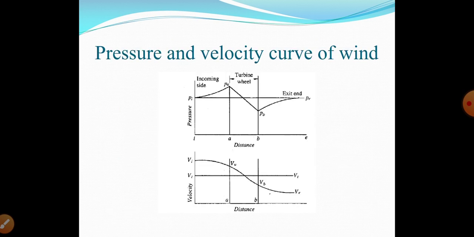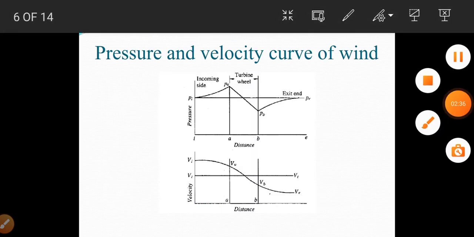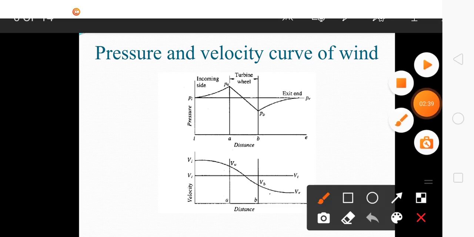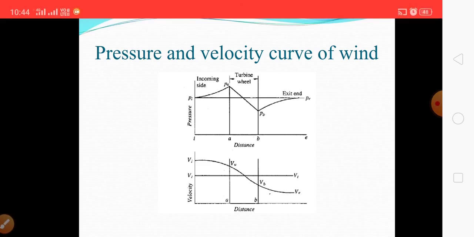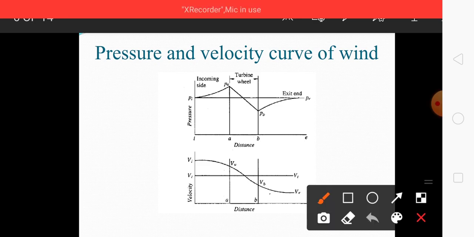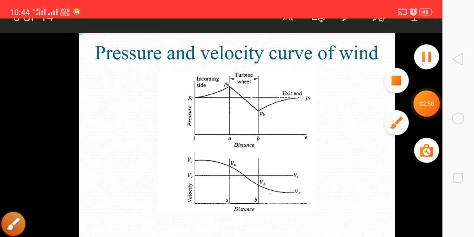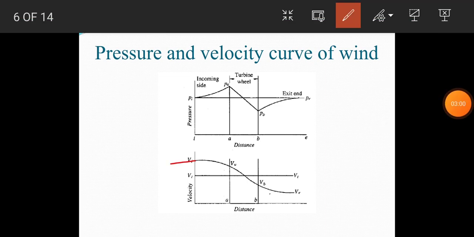As we can see in the graph, the velocity of the wind is greater before hitting the turbine wheel.